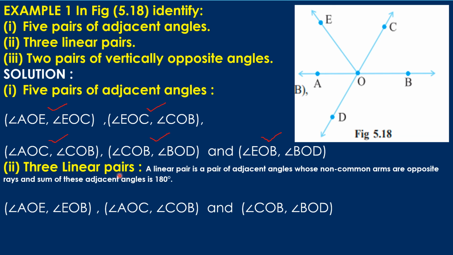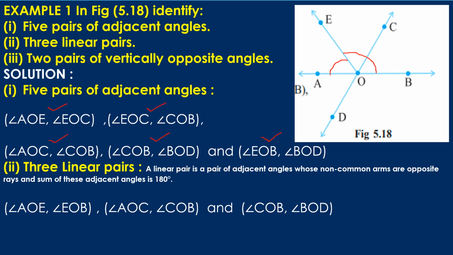What is a linear pair? A linear pair is a pair of adjacent angles whose non-common arms are opposite rays and the sum should be equal to 180 degrees. Correct? So with these conditions, let us start marking the linear pairs one by one. The first one, AOE and EOB.